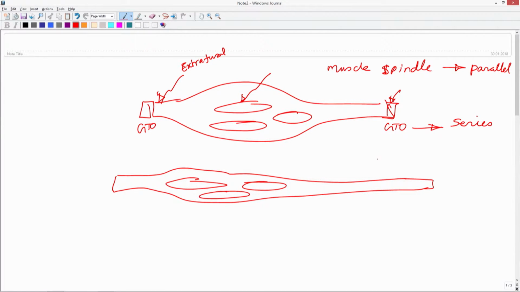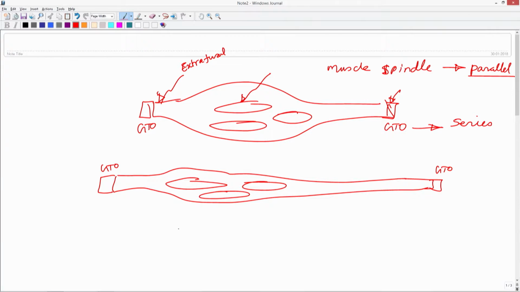So, in a parallel arrangement, when the muscle is getting elongated, the spindle also gets elongated.